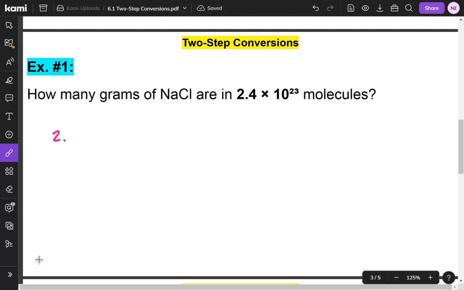In this case, that is 2.4 times 10 to the 23 molecules of NaCl. Now, rather than doing two separate one-step conversions, we're going to do them at the same time. So we're going to set up two conversion factors back to back.